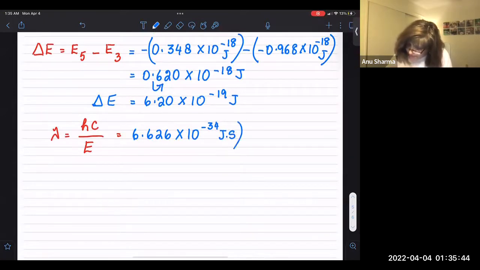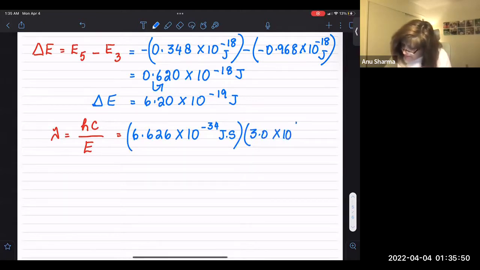Okay, so this is one piece, times 3.0 into 10 to the power 8 meters seconds inverse.